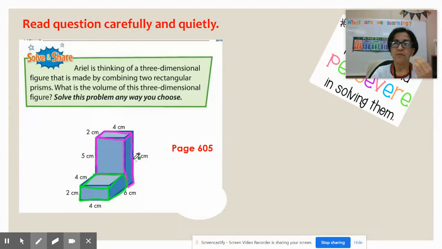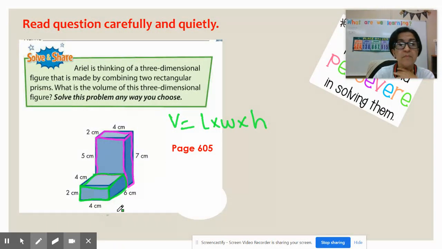Okay, so remember, to figure out volume, I'm going to do the green one first. Volume is length times width times height. So let's look for the length of this shape. So I'm going to look in the front. I have a 4. Let's look at the width, which is the side. Now be careful. This 6 is this whole thing. And I don't have the whole thing here. So I'm going to go to the other side and see.